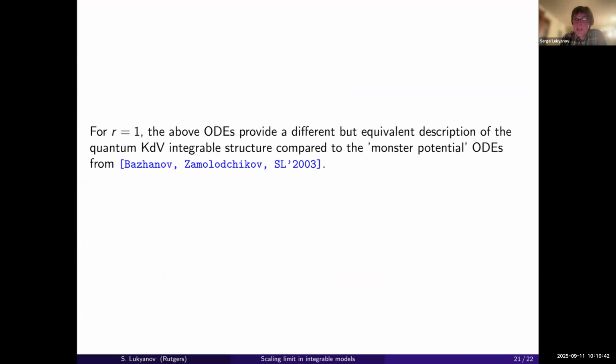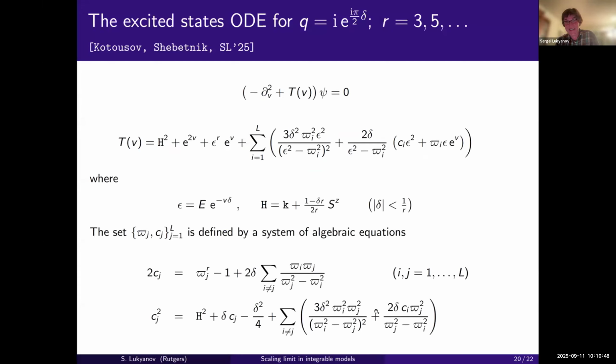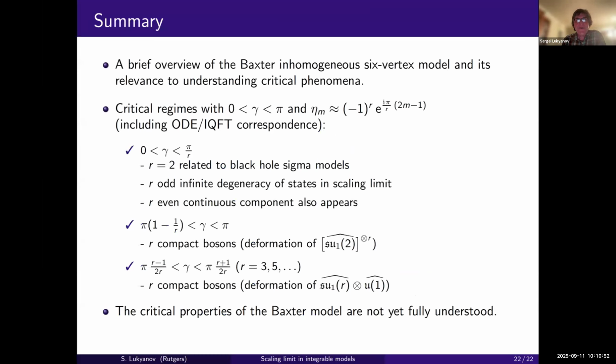So that is interesting, and this system looks even nicer, for me it is much nicer than the monster potential equations. But anyway, now I should probably finish. In my talk, I briefly discussed the inhomogeneous six-vertex model and said a few words about the different types of critical behavior.